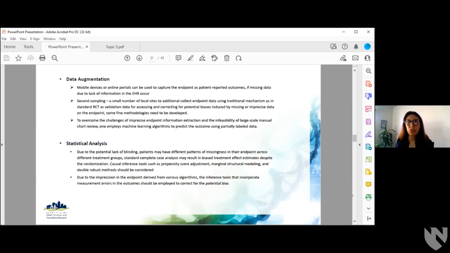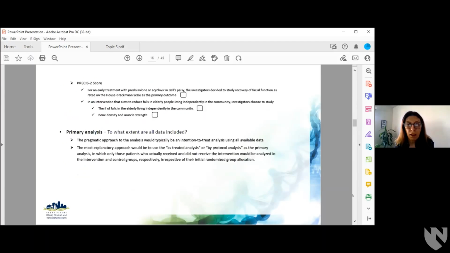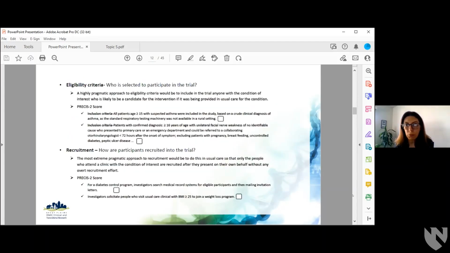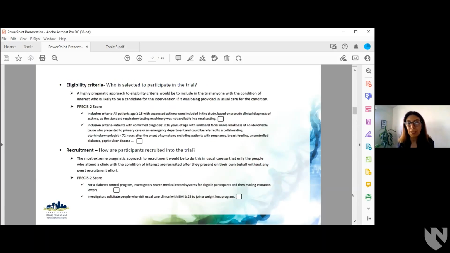Can I ask a question here? Sure, please. My question is about consent. When something is pragmatic, in the example where everybody who seeks the standard care, now we offer them this, do we still give them a choice of whether they want to enroll in the new intervention or not?